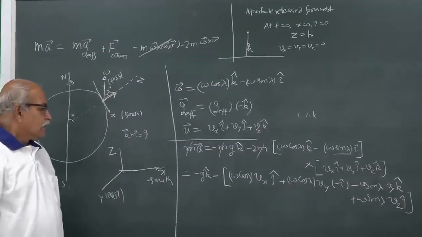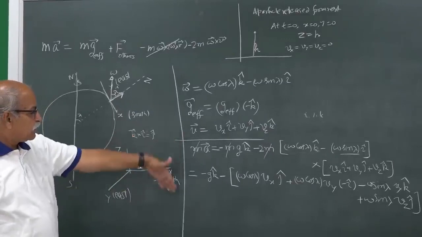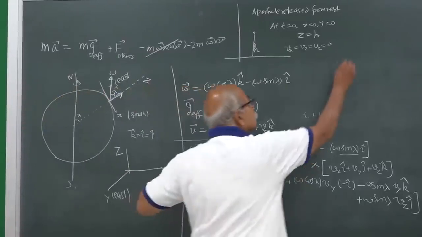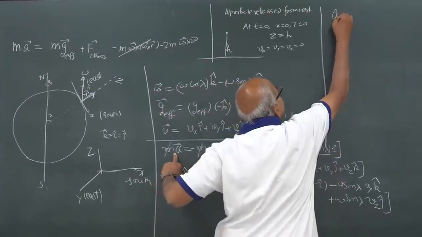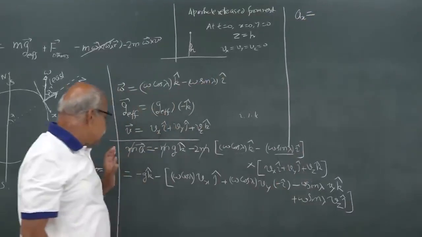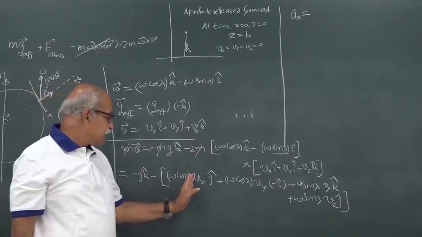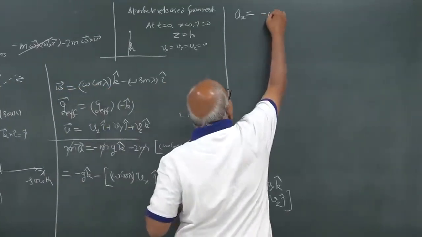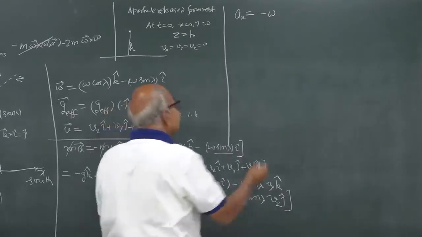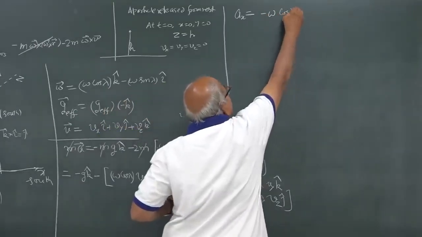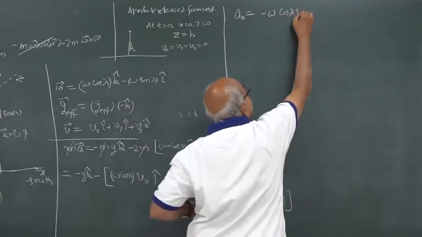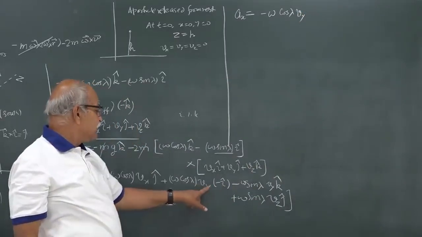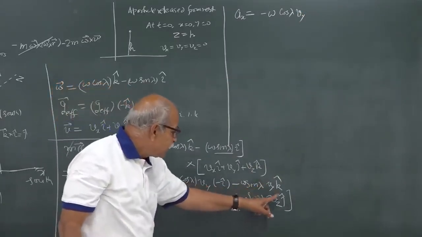Okay. Now write the x component, y component, z component. Ax, the x component of the acceleration, is equal to: search for i cap. Here it is minus omega cos lambda, then Vy. So minus omega cos lambda Vy, that is here, and no i cap anywhere else.